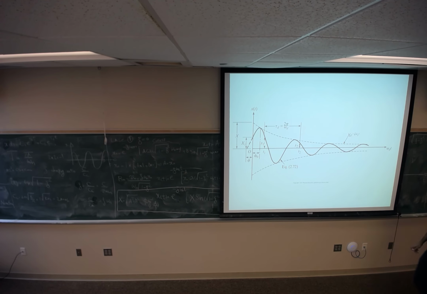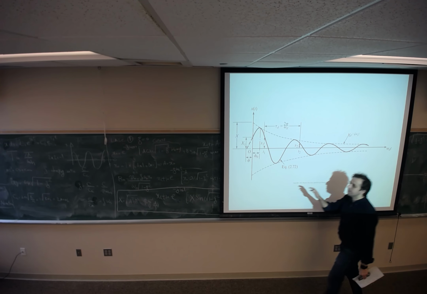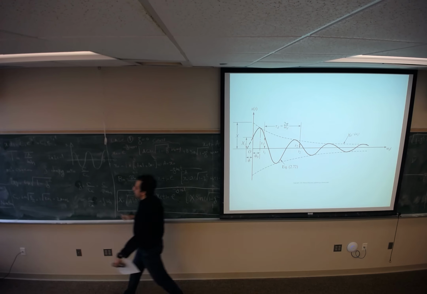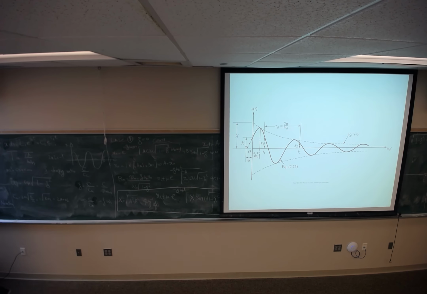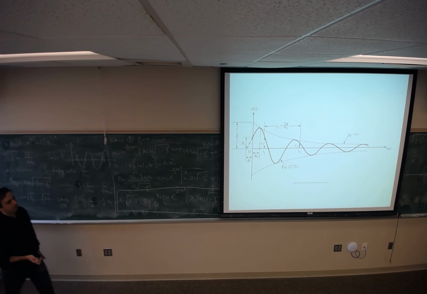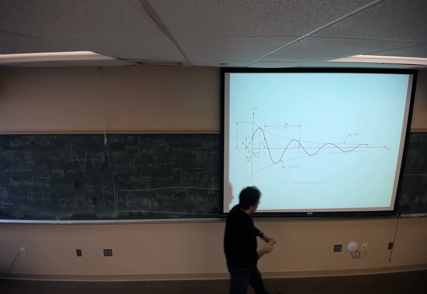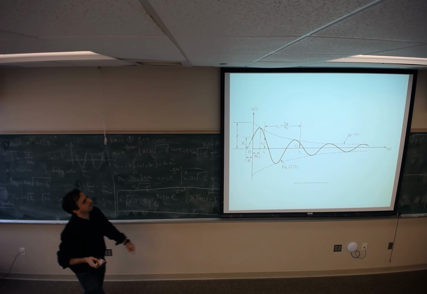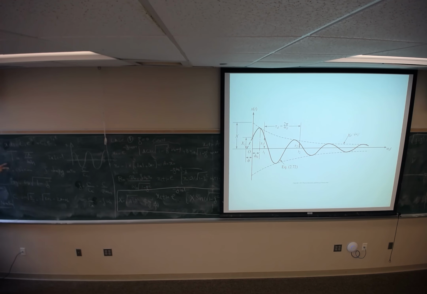And how much would that time be? 2 pi over omega d. Good? We are going to use these details in different examples, maybe in exam problems, so make sure you don't get confused, because I defined different terms.